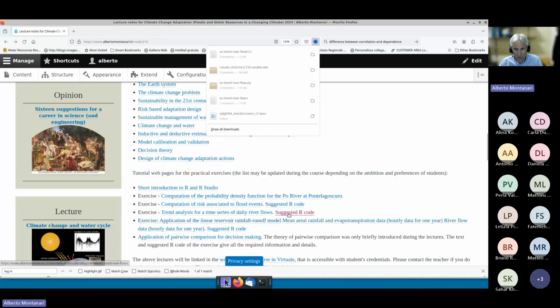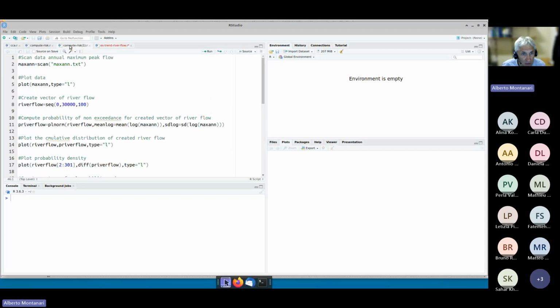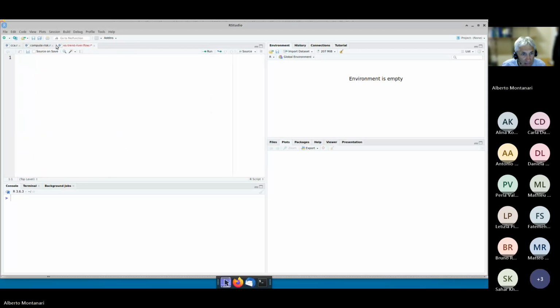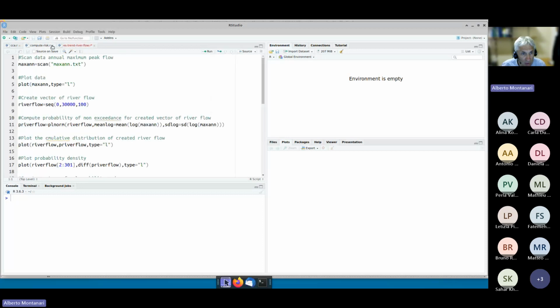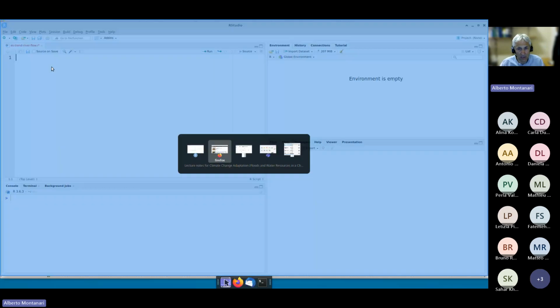Okay, suggested R code. Now, I want to open it in RStudio. Let me see. RStudio is here, and let me close a couple of windows which we don't need. Okay, and let's copy the R code here.